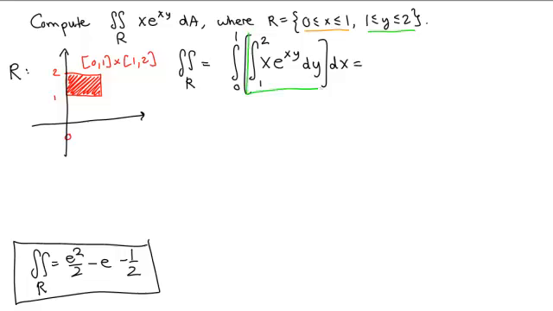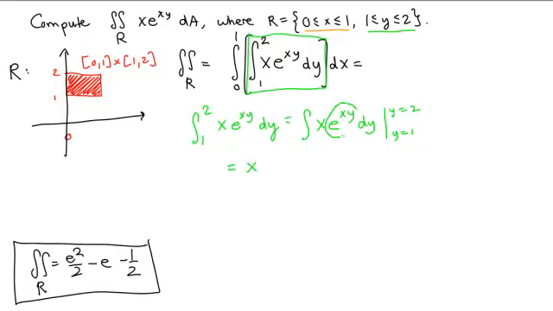So now the first iterated integral I have to work with is this one right here, the integral from 1 to 2 of x e to the xy dy. According to the fundamental theorem of calculus, we'd first dig up an antiderivative of x e to the xy dy, and then evaluate that from y going from 1 to y going to 2. Now, the x is a constant. It's going to come along for the ride. And the integral of e to the ky is 1 over k, the constant, times e to the ky.